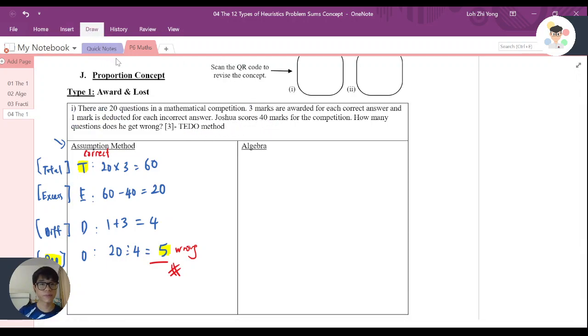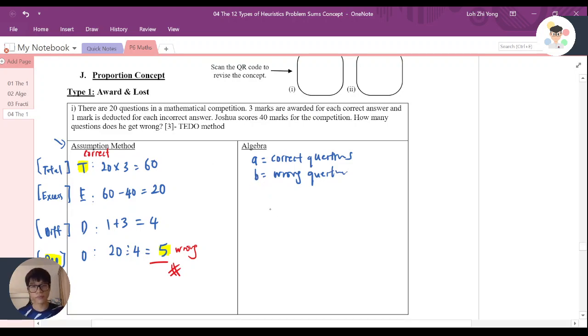First, let me assume A as the number of correct questions, and B as the number of wrong questions. Now, there are 20 questions, so the number of correct questions plus the number of wrong questions gives me 20, because I answered all questions. Added up, the total is for sure 20.